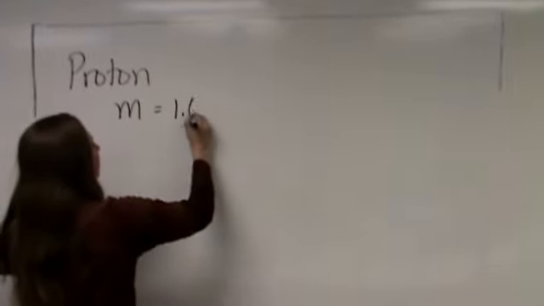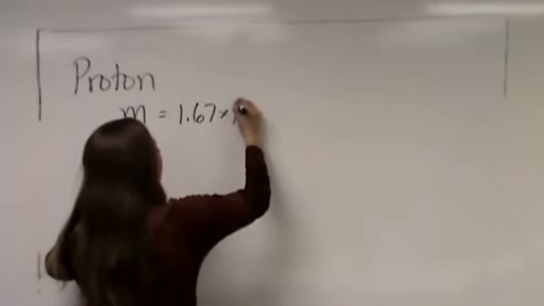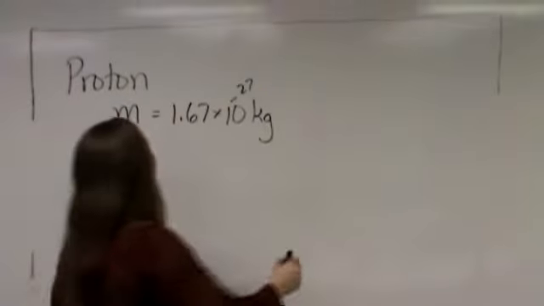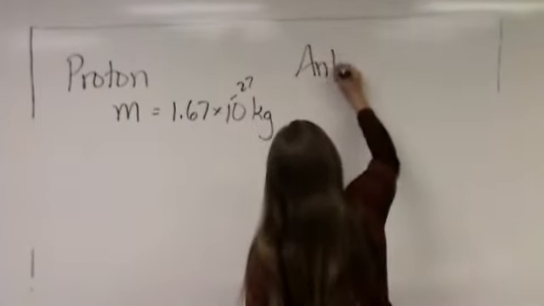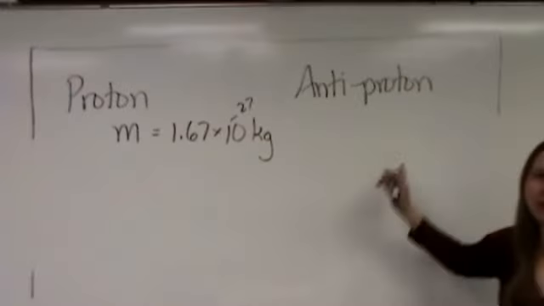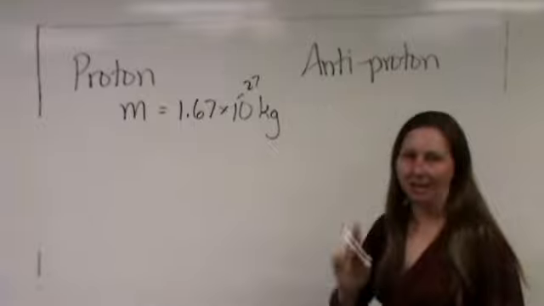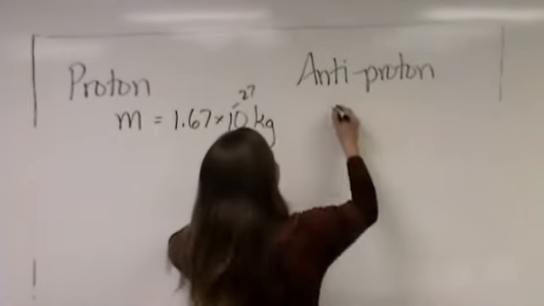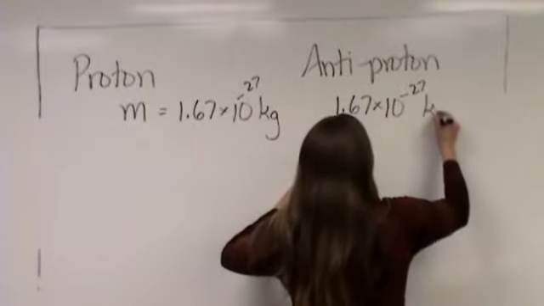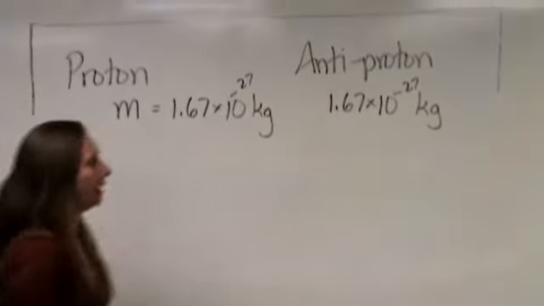So the mass of a proton, 1.67 times 10 to the negative 27 kilograms. Now, what about an antiproton? He's going to have the same mass. His mass is going to also be 1.67 times 10 to the negative 27 kilograms.